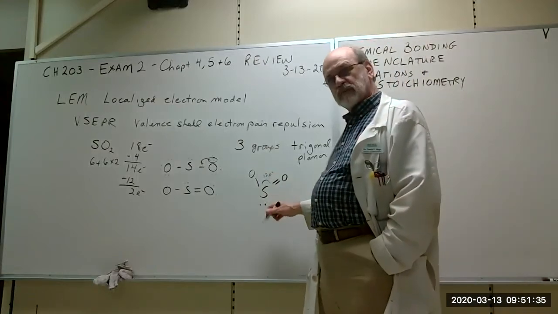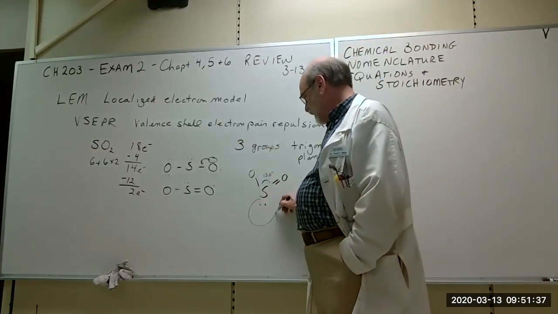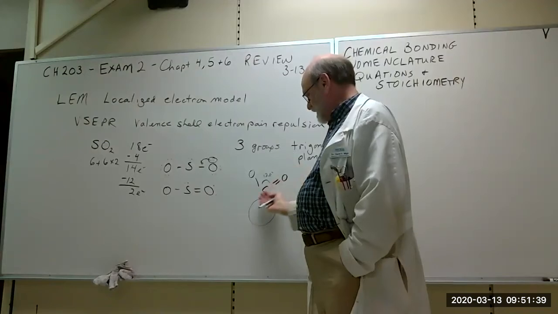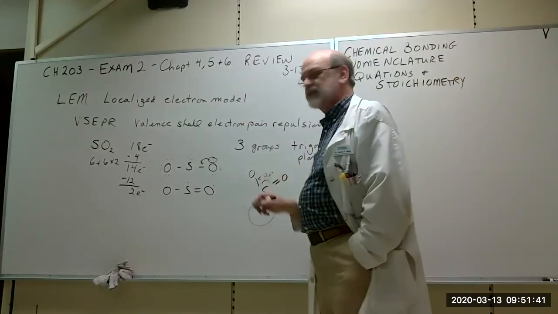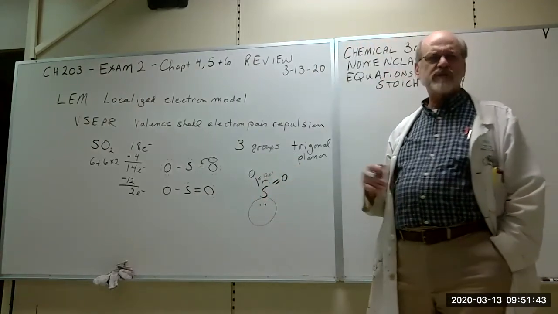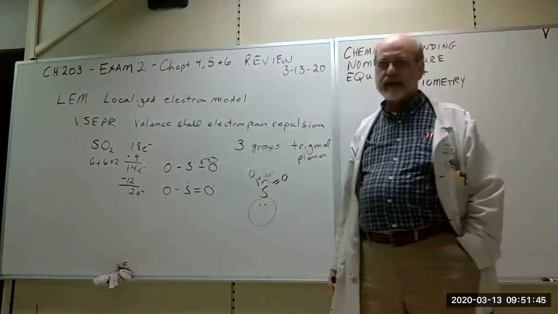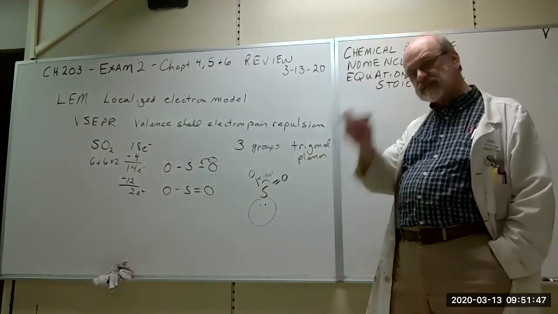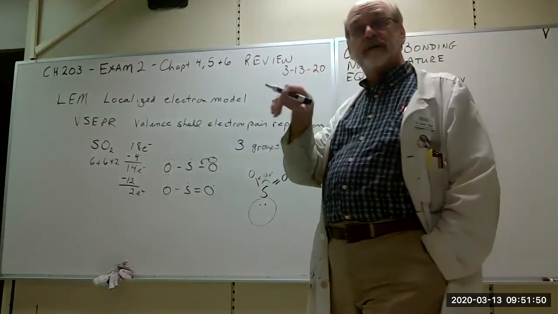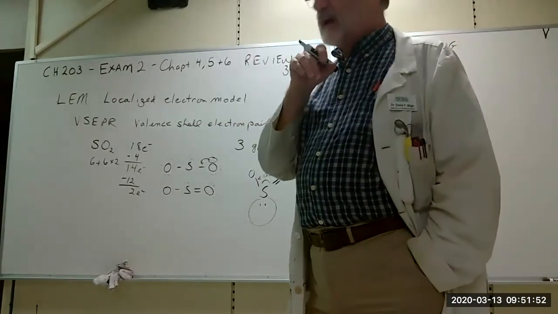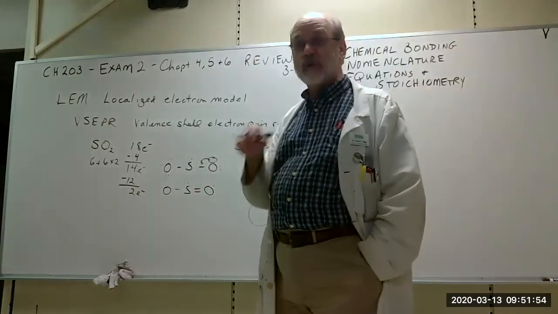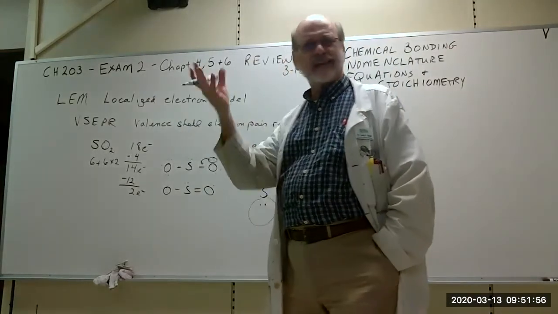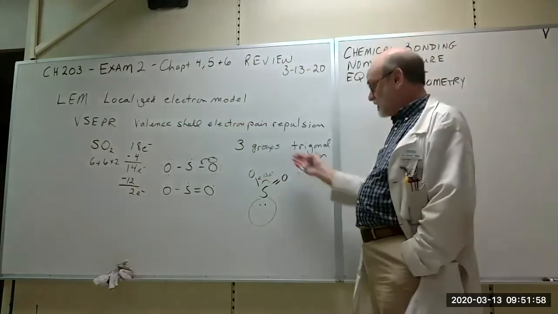Because of that unbonded pair. They tend to balloon out, and they put pressure on these guys. So it'll be less than 120. But if the question is asked, just put 120, right? Unless the specific question is asked, is it equal to, greater than, or less than 120, something like that. Then you would know it's less than 120.